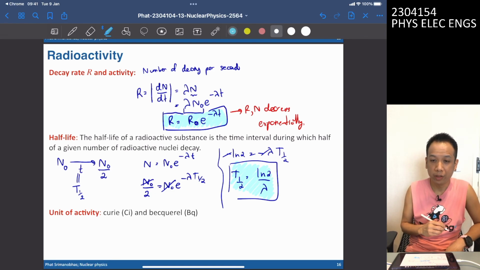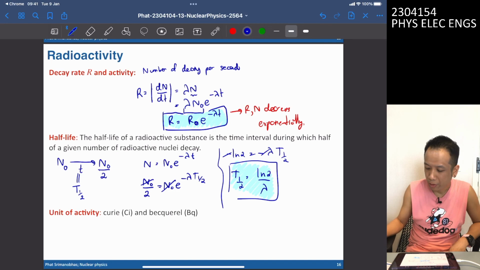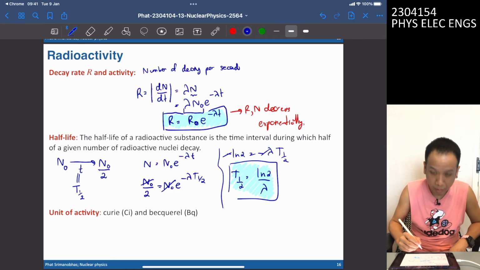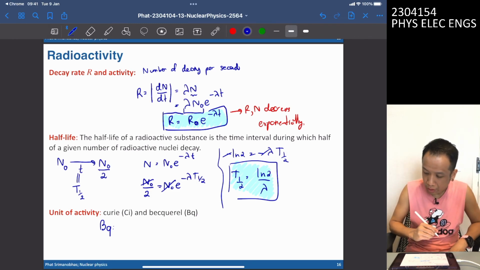So now we have it. And at the end, we are talking about the units of activity. They are the Curie and the Becquerel.